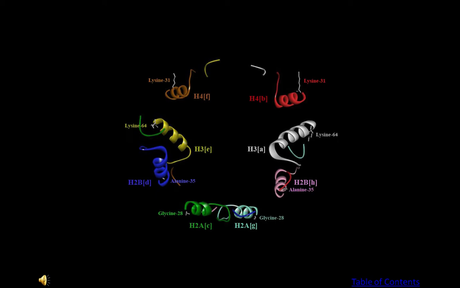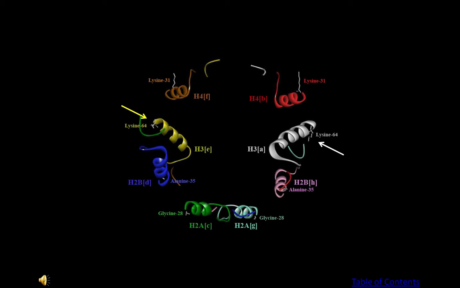Actually, the chemical natures of these residues, as to whether they are basic, acidic, hydrophobic, etc., are less important than their relative positions. Nevertheless, for completeness, let us review them. For H3, and this is for both H3 subunits, the N-terminal amino acid of helix 1 is lysine 64.